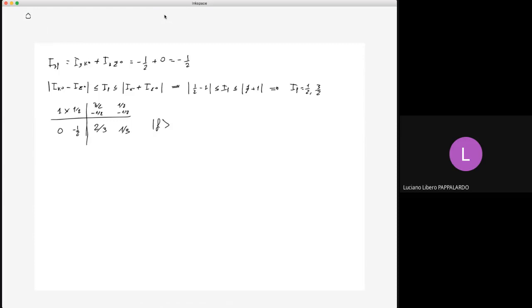So the final state isospin wave function will be square root of 2/3, |3/2, minus 1/2>, plus square root of 1/3, |1/2, minus 1/2>. Okay, now we can compute our cross-section.